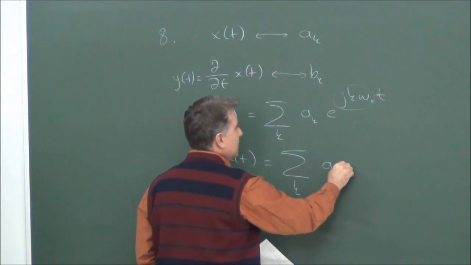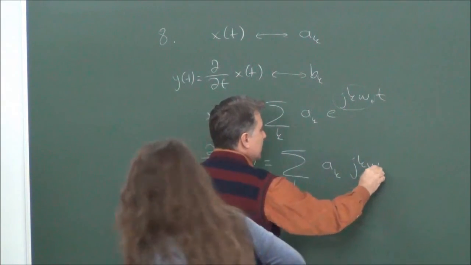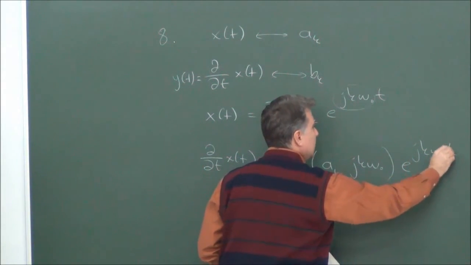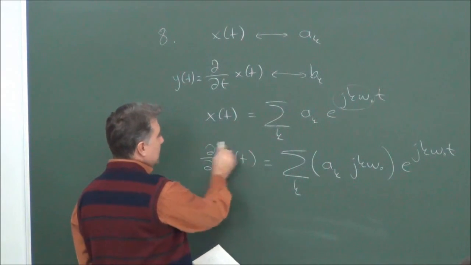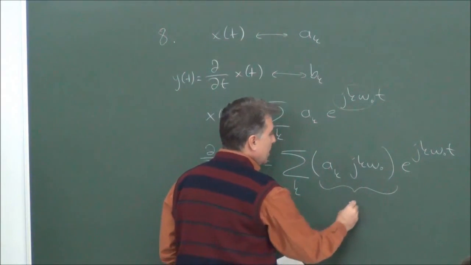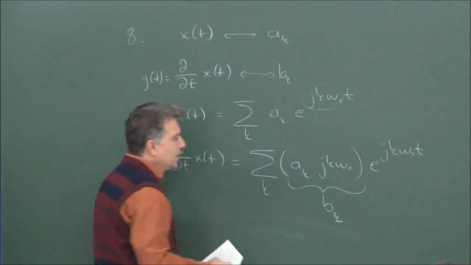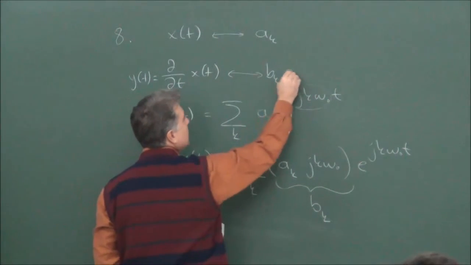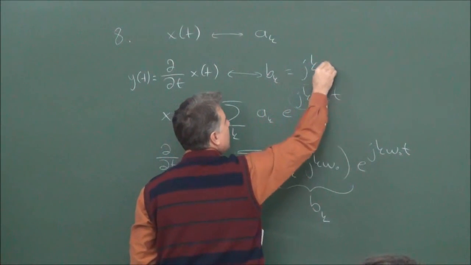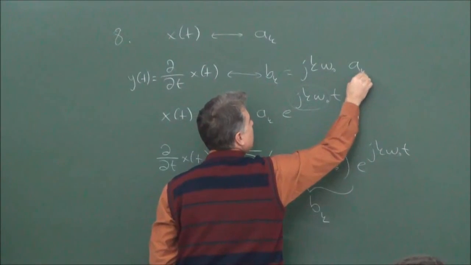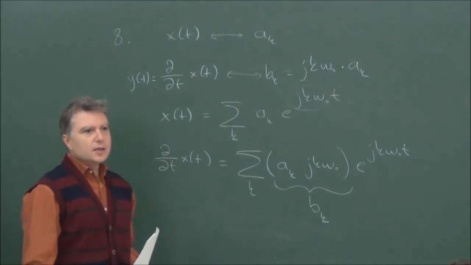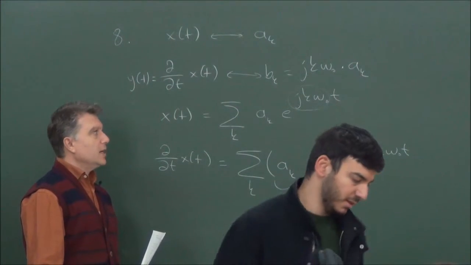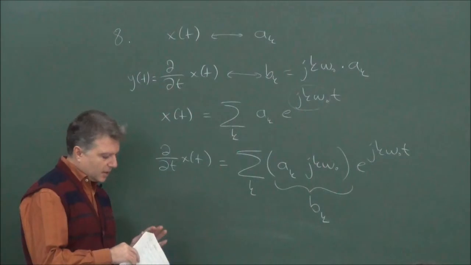So you will have ak times jk omega 0 times e to the jk omega 0 t. And over here we immediately see that this is y of t, therefore this portion corresponds to bk. And we conclude that the relation between bk and ak is bk is equal to jk omega 0 times ak. So all the coefficients are multiplied by jk omega 0 when you take the time derivative.